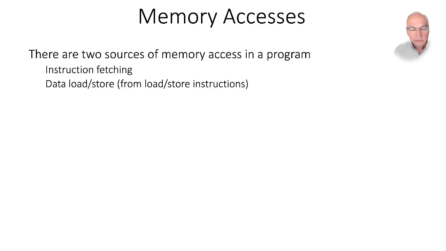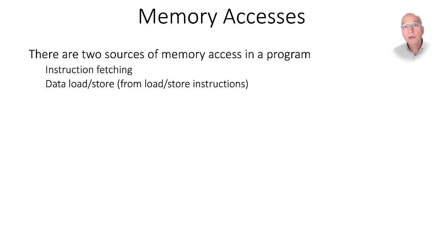So let's look at memory accesses now. There are two sources of memory accesses in the program, and this is very important to remember. There is instruction fetching. Every time that you execute an instruction, you must access the memory. In this case, most of the time it will be the cache. And then you have data load and store instructions.